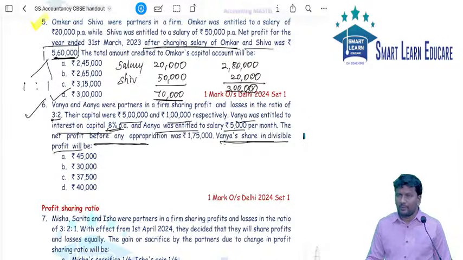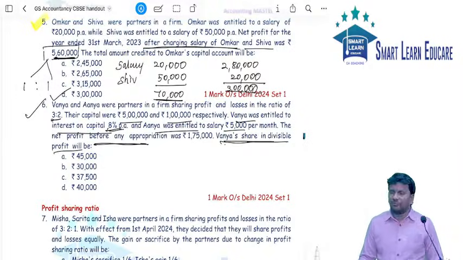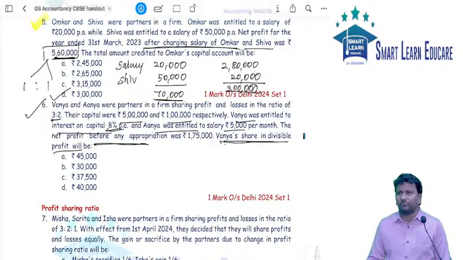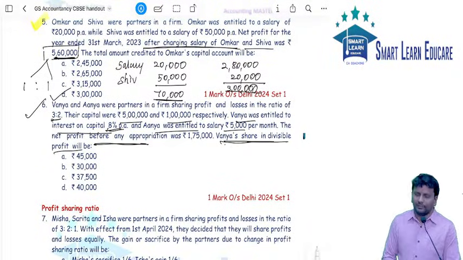Salary comes under appropriation, definitely. Whatever comes in the P&L appropriation account is called appropriation of profit. Salary paid to an employee is a charge against profit. Whether you earn profit or not, it should be paid. That is called charge against profit. If it can be paid only when there is profit, it is called appropriation of profit.